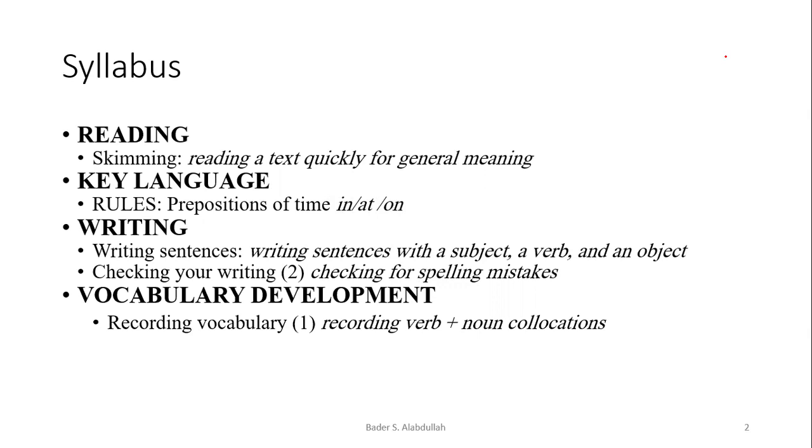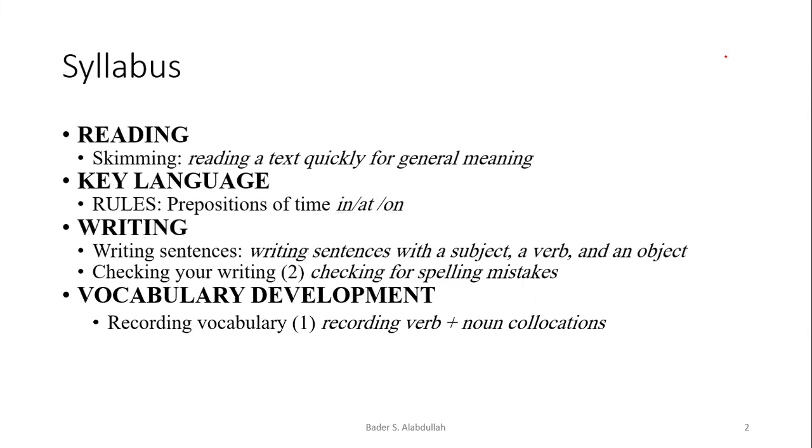For the writing section, we are going to discuss writing sentences with a subject, a verb, and an object, which are simple sentences. Okay, so we are going to discuss writing simple sentences. And for writing also, checking your writing, checking for spelling mistakes.